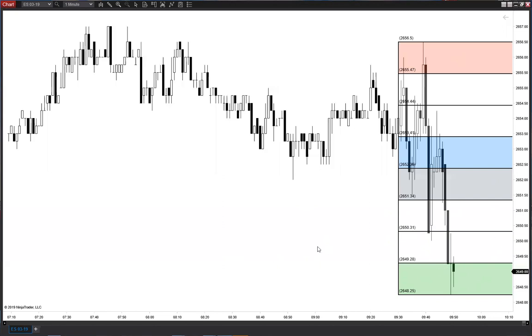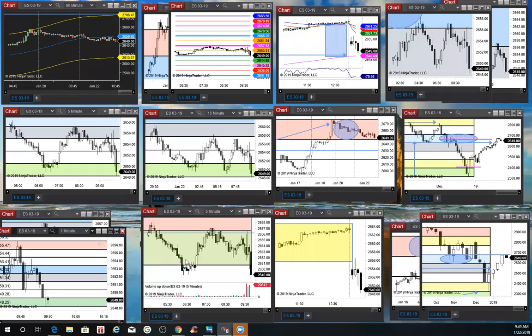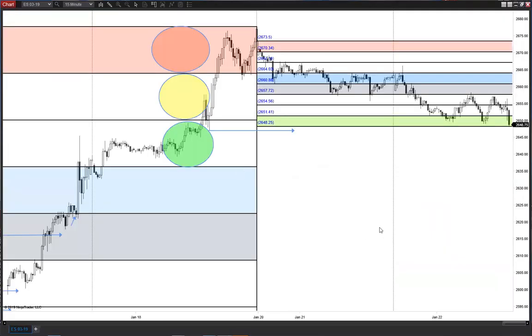Still searching for support. Modest breakdown of the overnight low so far. And pre-market, we had talked about this low being an important idea from Friday. So fighting box, yellow, resistance box, green box is the next support box that we are looking at.